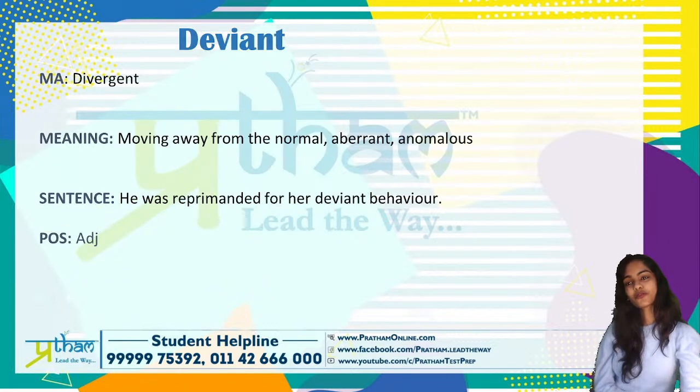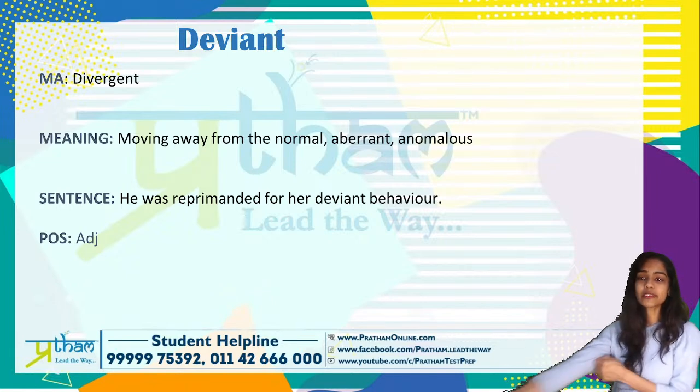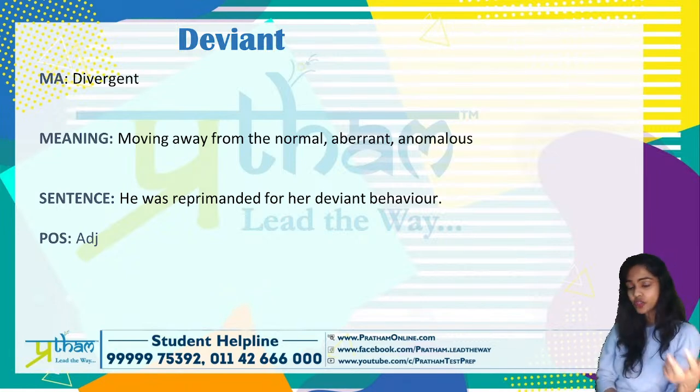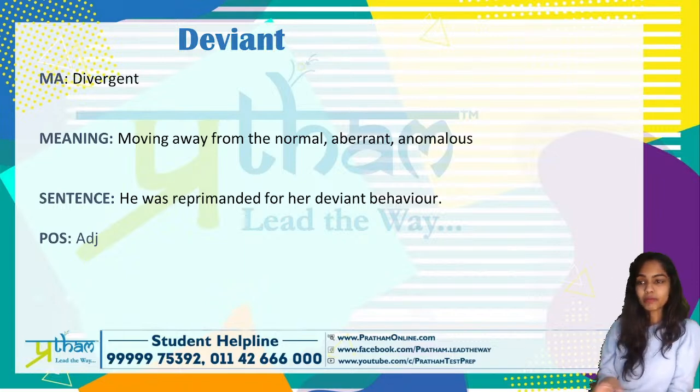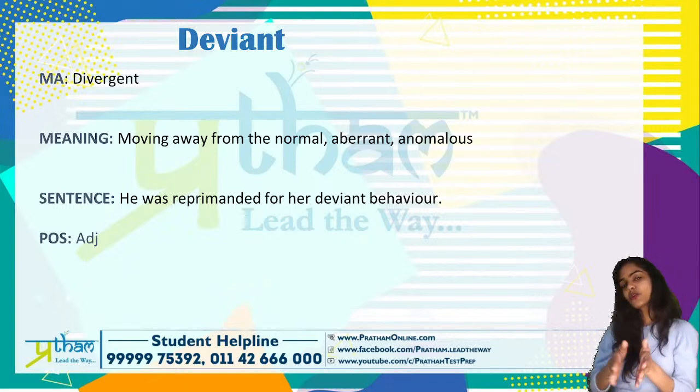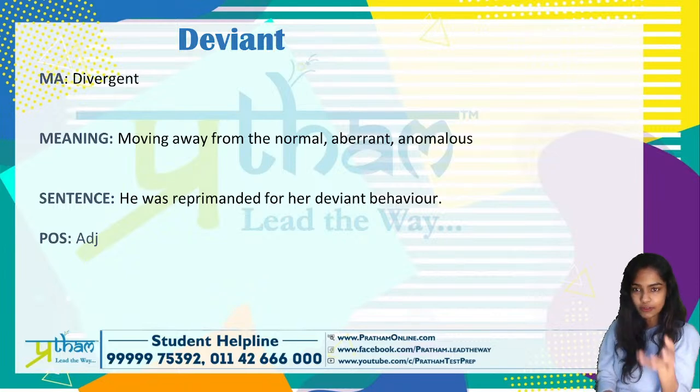Moving on to the fourth for the day, which is deviant. डिविएंट से हम निमोनिक एड निकाल सकते हैं, डिविएशन या डाइवर्जेंट. डिविएशन इज सही पाथ से हट जाना. डाइवर्जेंट इज ऑल्सो लाइक मूविंग टू अ डिफरेंट पाथ. So that's deviant, right? So meaning wise देखो, it says moving away from the normal path, from the normal way of doing things, normal methods से side अलग हट जाना, that is deviant.